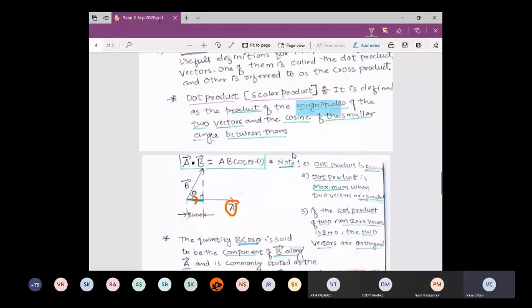So cos 180 is minus 1. What about the magnitude of b cos theta in that case? For the magnitude we ignore the sign and consider only AB.